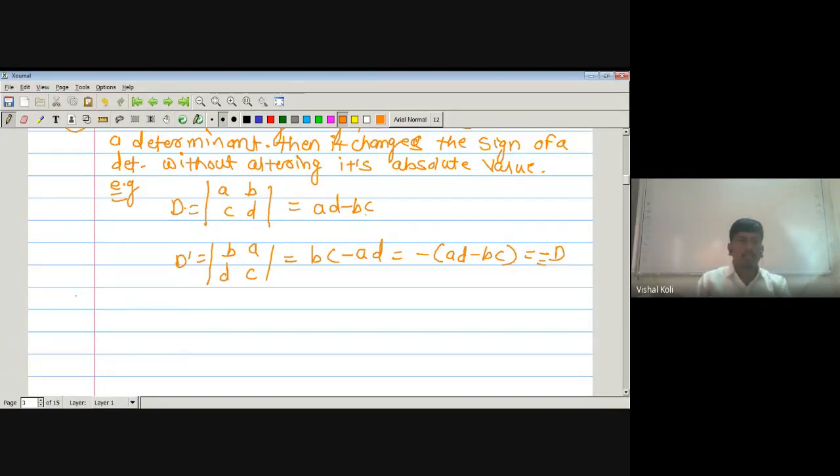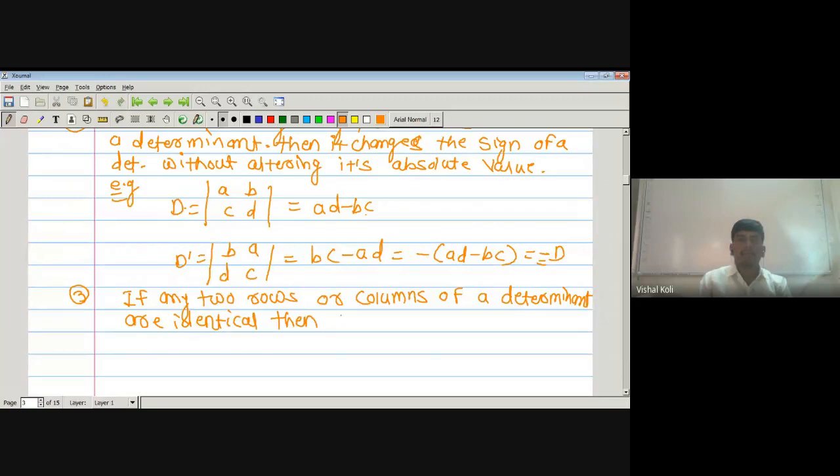Now the third property: if any two rows or columns of a determinant are identical, then the value of the determinant is 0.